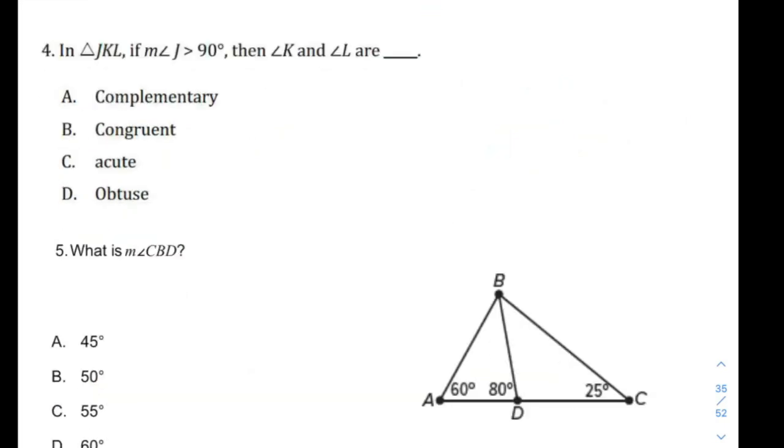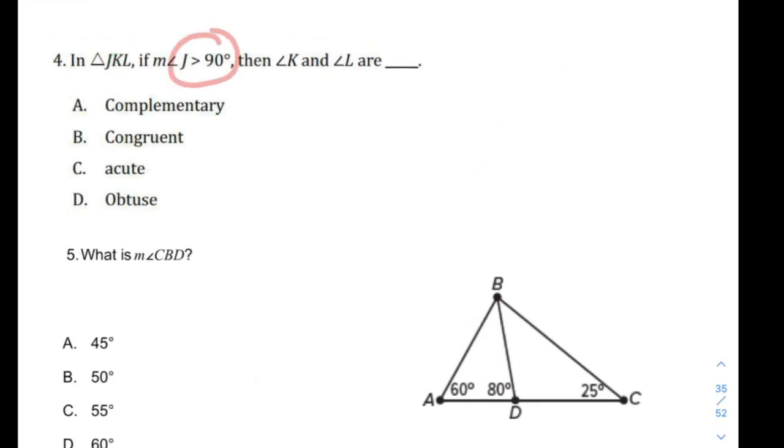In triangle JKL, we don't know how much is J. So let's see. But he said that measure of angle J is more than 90. More than 90, so this is something like this, an obtuse angle. This is obtuse, so this is J, this is more than 90. So K and L are what?